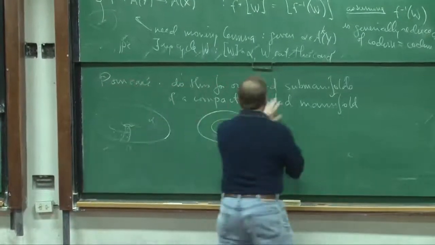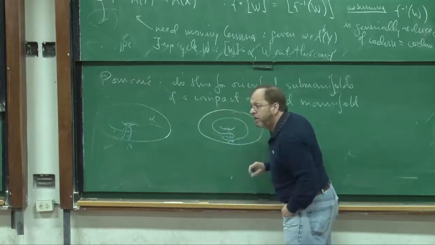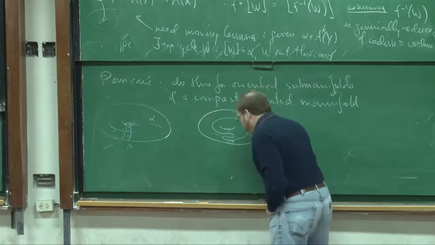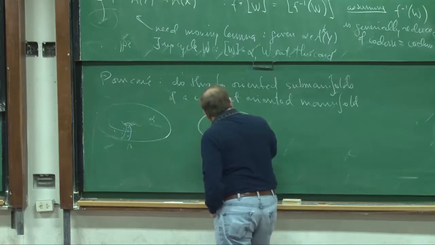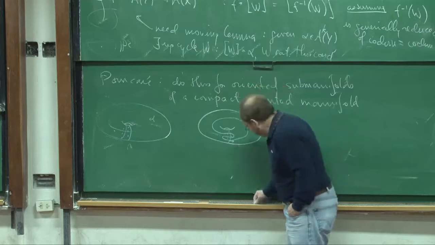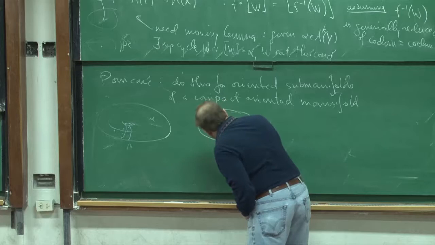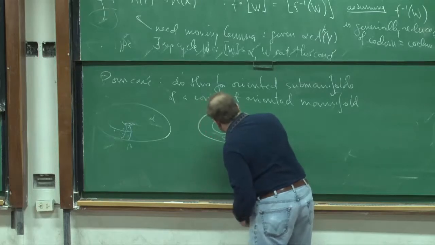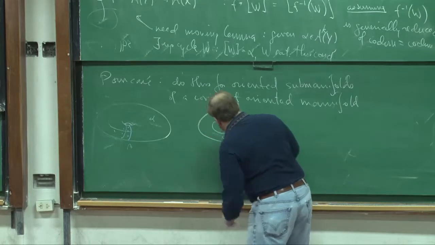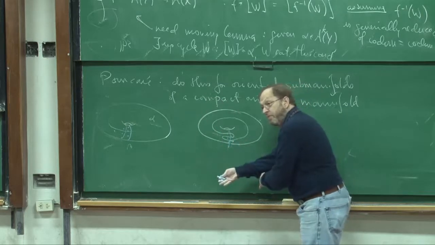So if we think of these as oriented submanifolds, then at every point we have a tangent vector, and for each of these two subvarieties, and if I want to intersect one with the other, at each point of intersection, I take the index to be the relationship between the orientation of the ambient manifold and the orientation I get by taking the orientations of the two submanifolds in turn.